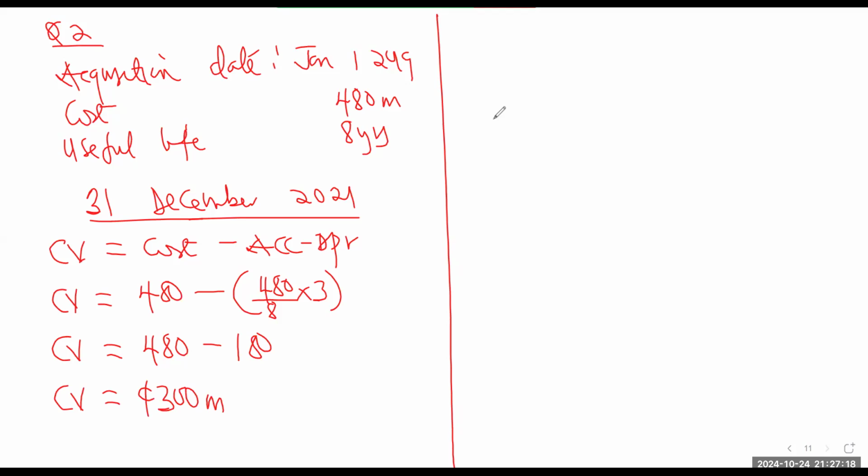So if the impairment is 40, what would have been the recoverable amount of the asset as at this date? 260.